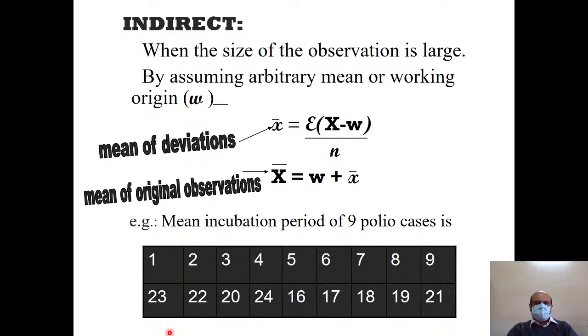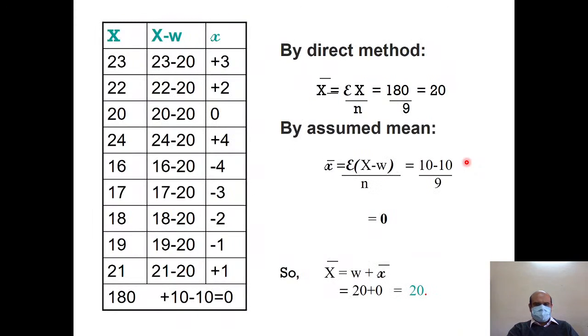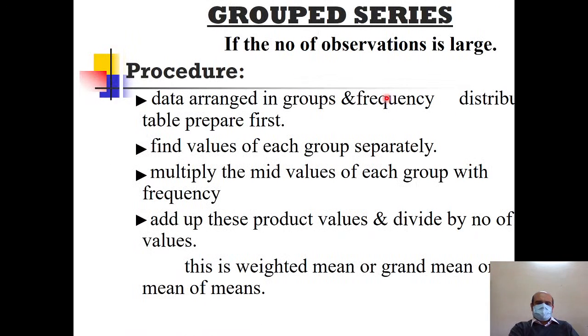Now when the size of the observation is large, the assumed or arbitrary mean or working origin will be... I think this I'll skip. Okay.